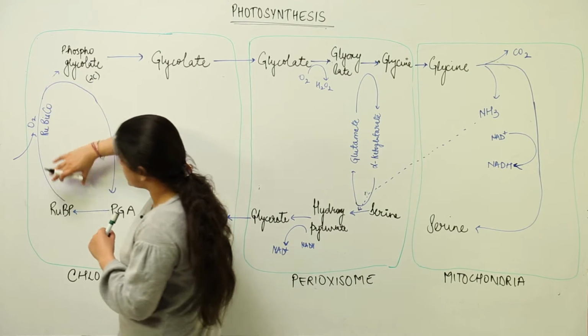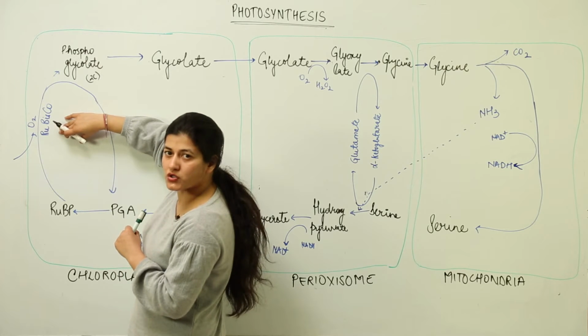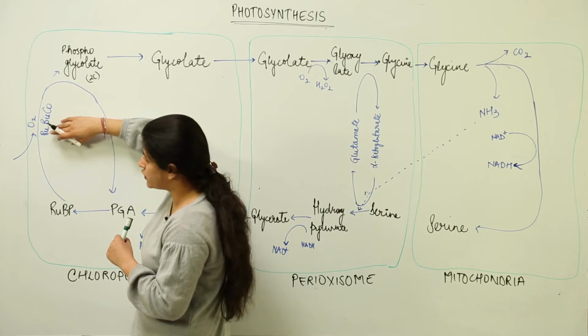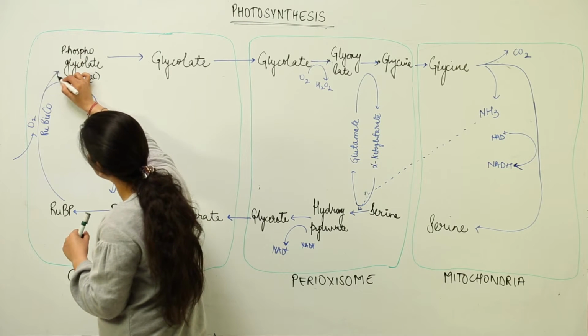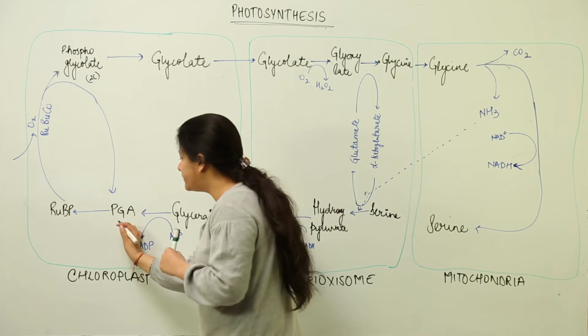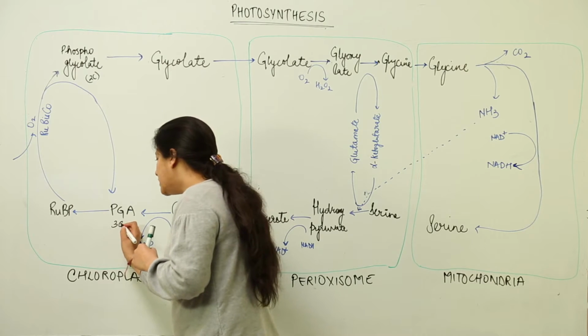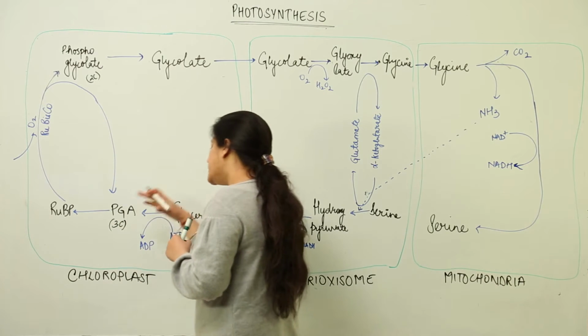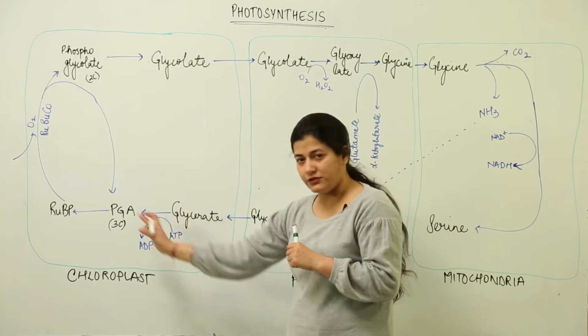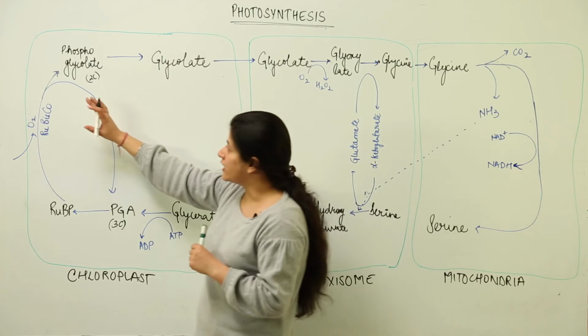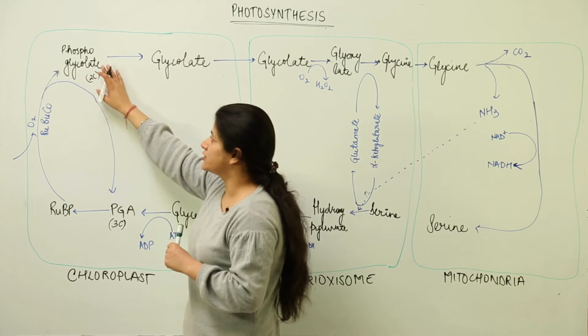See, when this RUBP combined with oxygen, with Rubisco showing oxygenase activity, it gave rise to a 2-carbon compound called phosphoglycolate and a 3-carbon compound, that is 3-phosphoglyceric acid, which would undergo the same reactions as we had studied earlier. That is a different course altogether. We are to confine our studies to this 2-carbon compound.